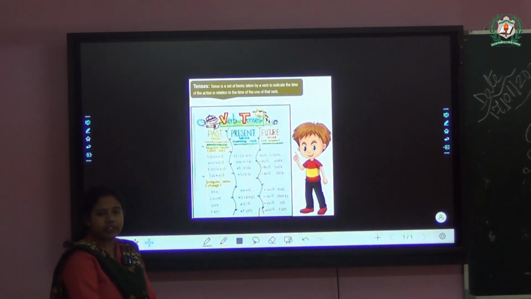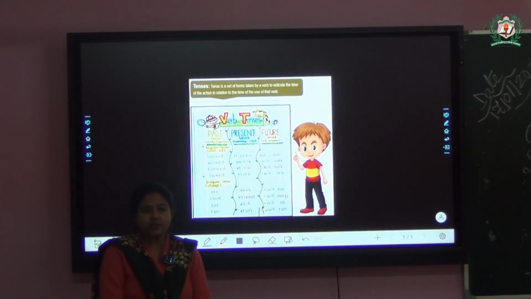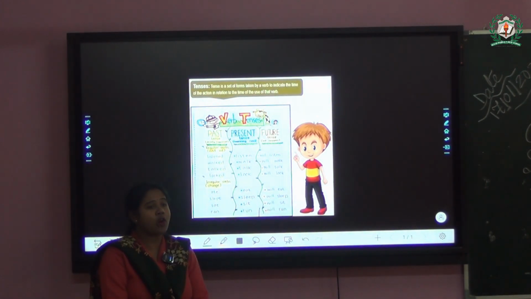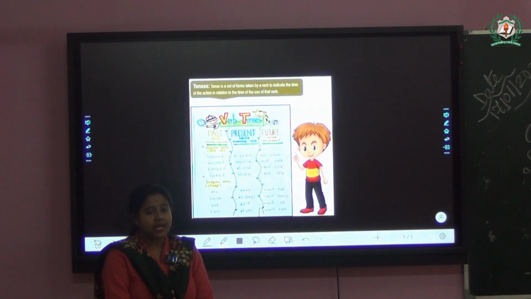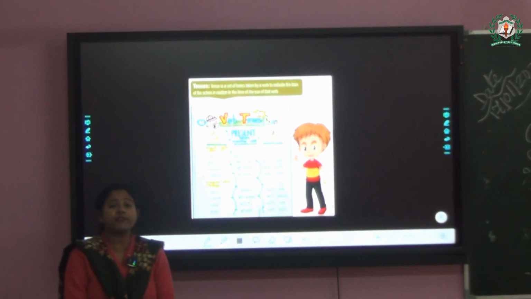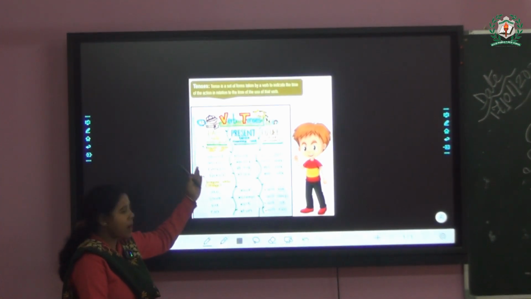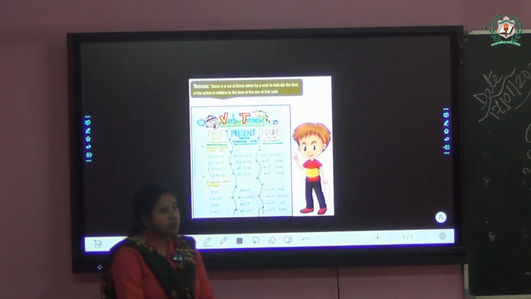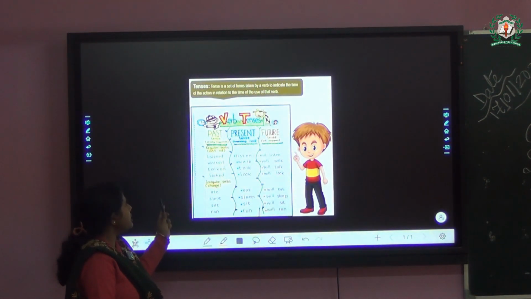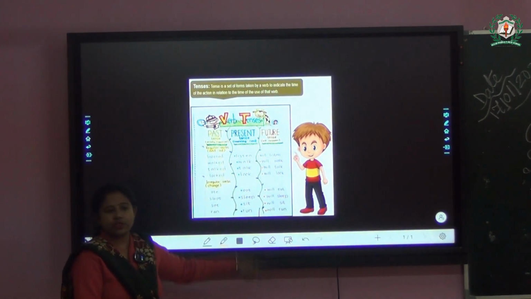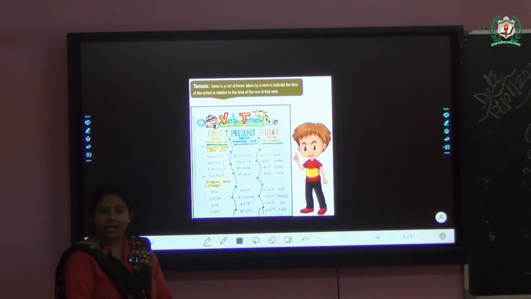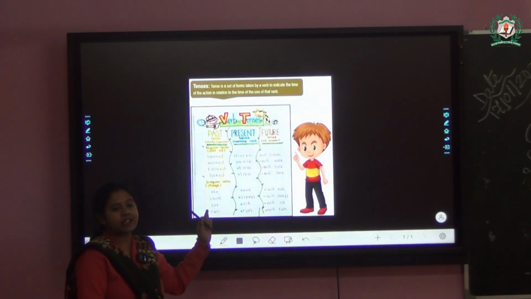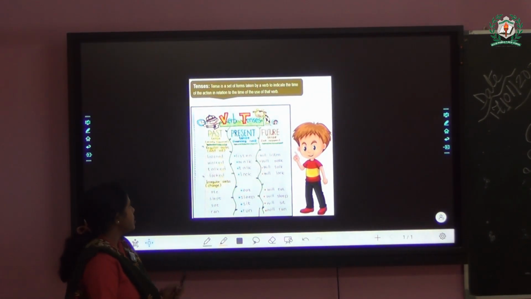Before proceeding with the tense, children, we need to know the three forms of the verbs, because tense is nothing but to deal with the verbs. All the verbs have three forms, that is the past form, the present form and the future form. And all the forms you should know, otherwise you can't deal with the different parts of the tenses.